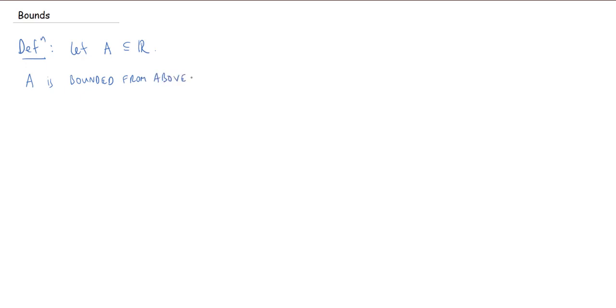I also like to use a different phrase, or upper bounded, which makes just as much sense. It's not quite as commonly used, but I think it will make sense here. So we're going to say that it is bounded from above, or upper bounded, by some real number U.